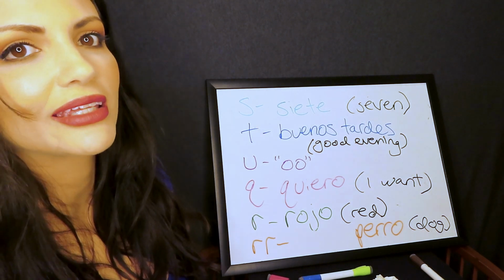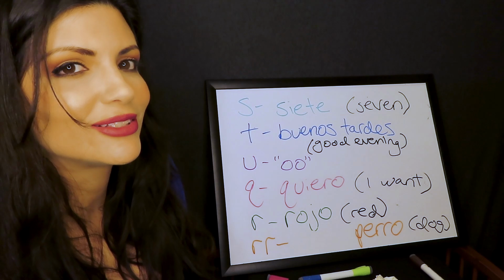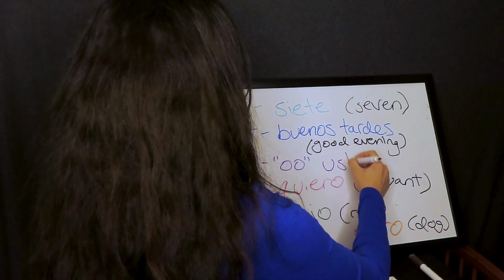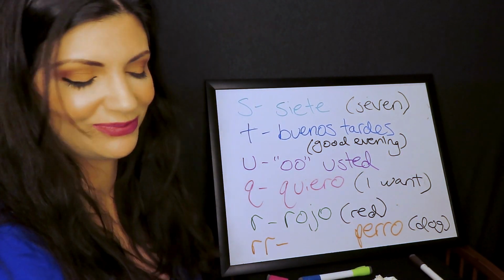U is pronounced like the double O sound in English, oo, and is used in the word usted, which means you.